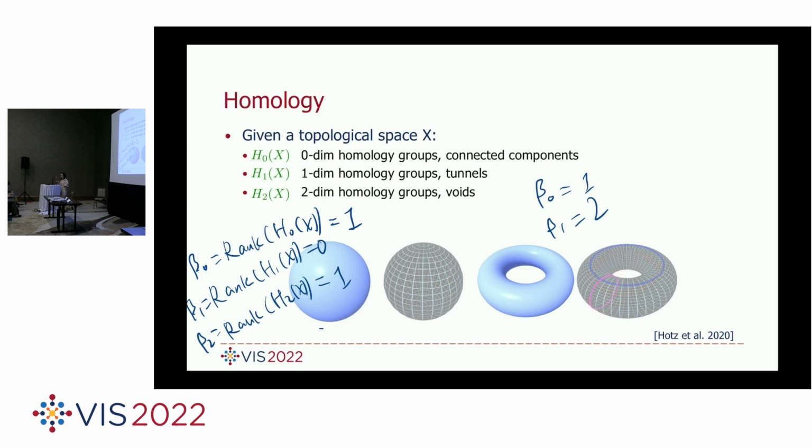Another way to think about the torus is to take a cylinder and glue both ends together. Before the gluing operation, there is already a tunnel that goes around, which is one of those generators. But when I glue back to back, it creates an extra generator in dimension 1, so there's another tunnel right here. And because it has a void in the middle, Betti 2 is equal to 1, which means there's one void in the center.